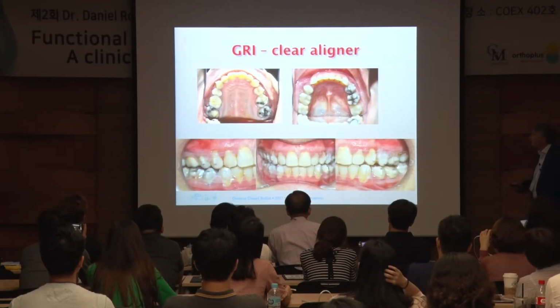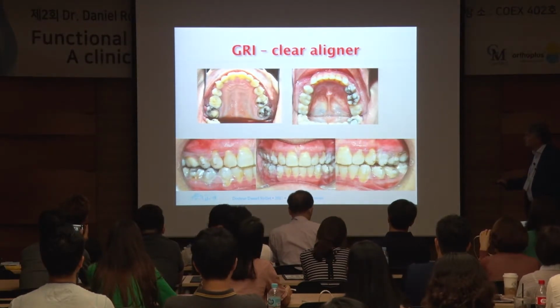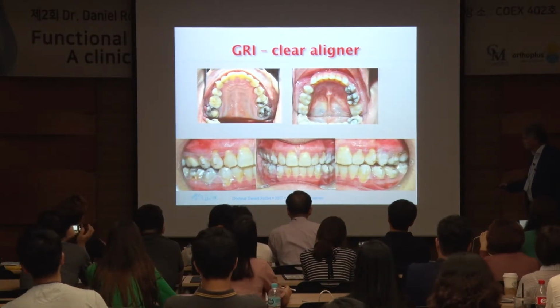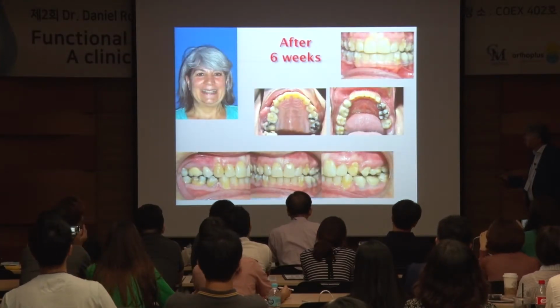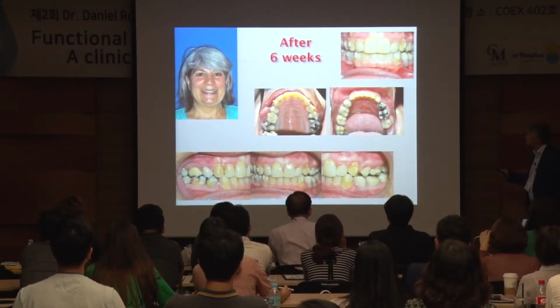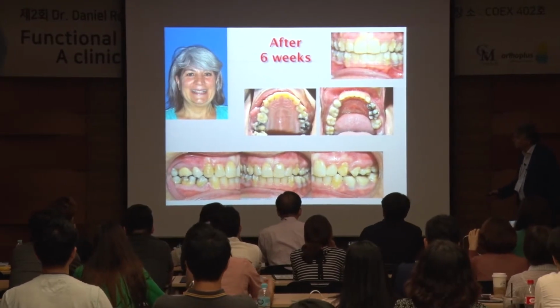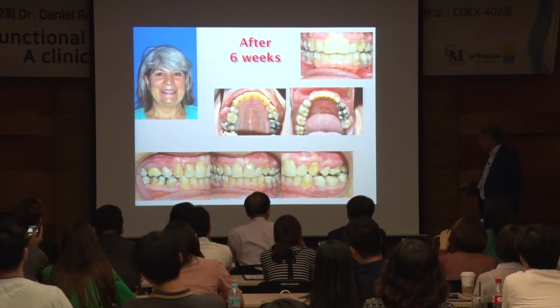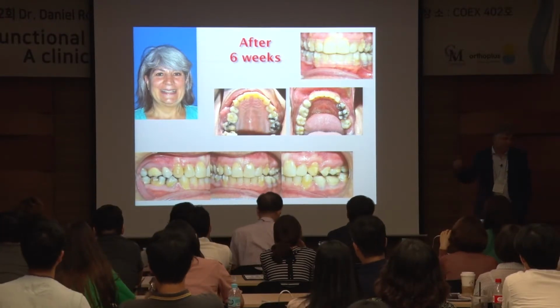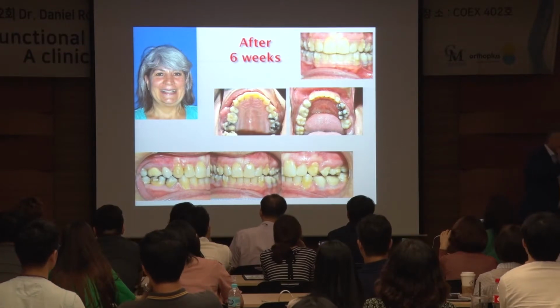The posterior occlusion is open, and we have to fix that. And we use aligners, clear aligners. Just after 6 weeks for the first aligner, we obtain this resolution and we move the teeth with aligners, like Invisalign or like autocaps, etc.